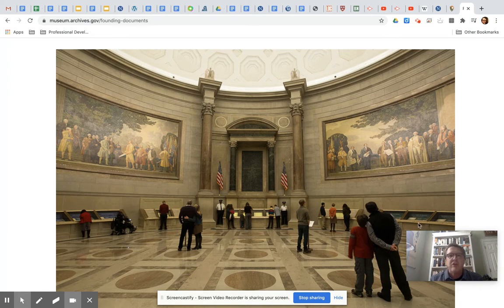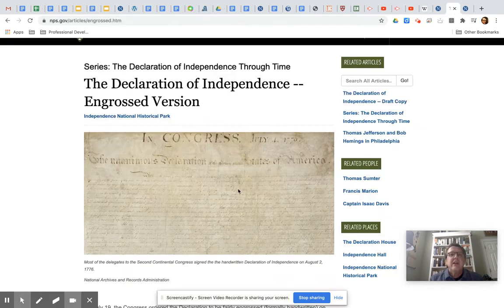Archives in Washington, D.C. This is the rotunda of the National Archives. And over there, I forget which one it is, one of those panels has behind it the original, beautifully scripted version of the Declaration of Independence.